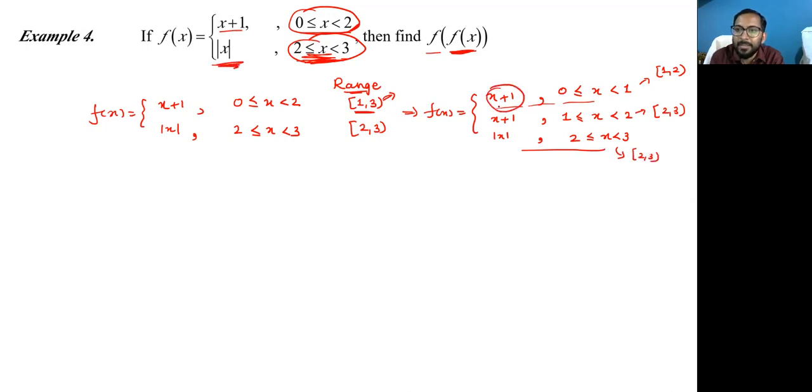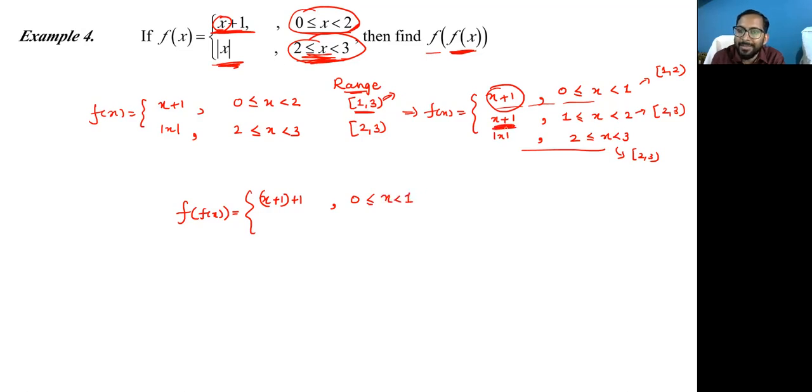Now we can replace x plus 1 in place of x in this part of the function. So f of f of x equals, we can write x plus 1 in place of x in this part, so x plus 1 plus 1 for x belongs to 0 to 1.